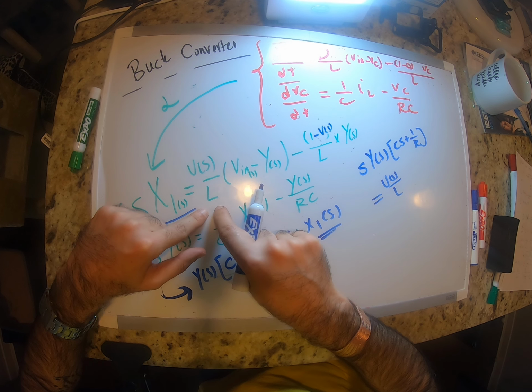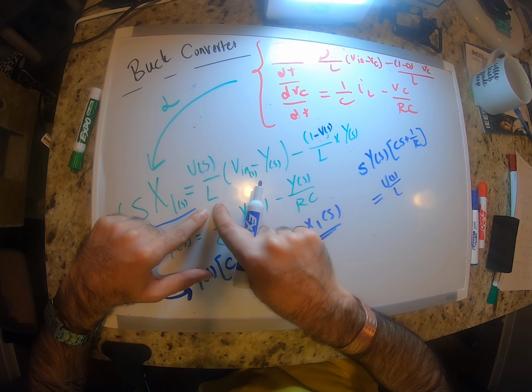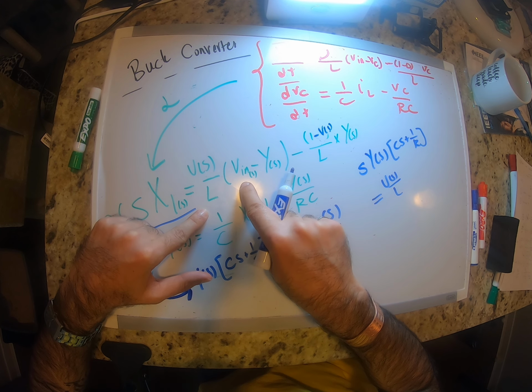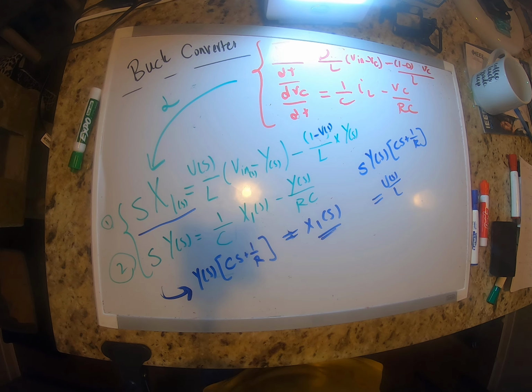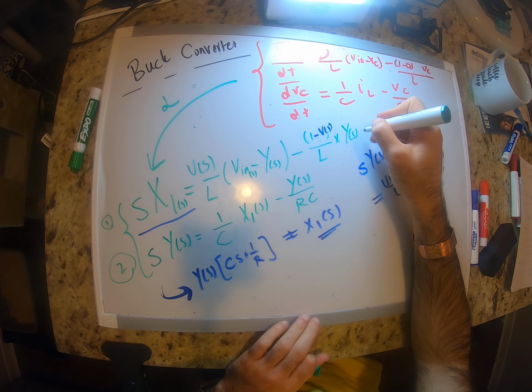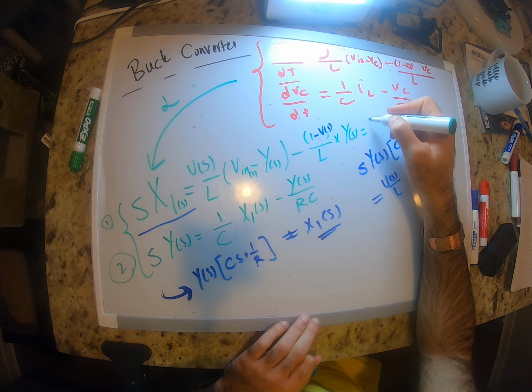So here we have U over S times L multiplied by V in. Let's just simplify this. My bad, sorry guys. So this is U of S times V in of S divided by L.